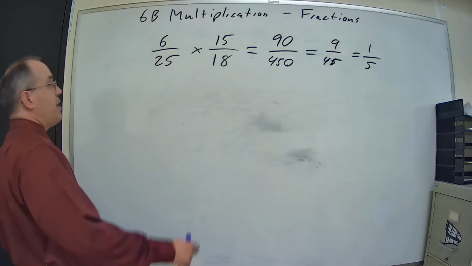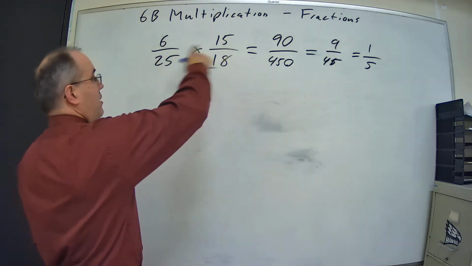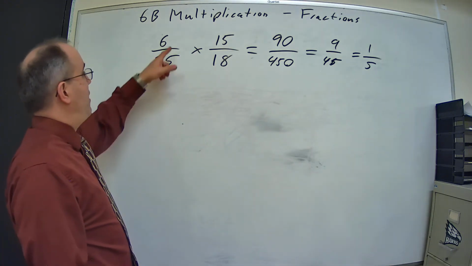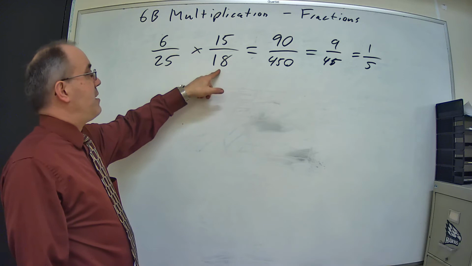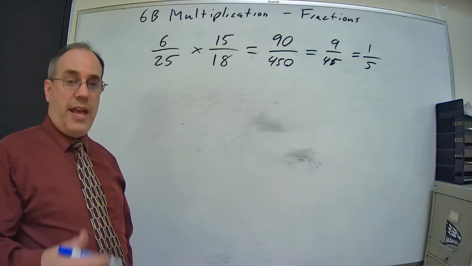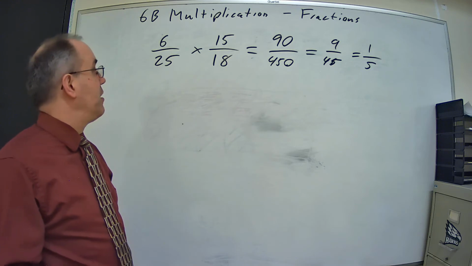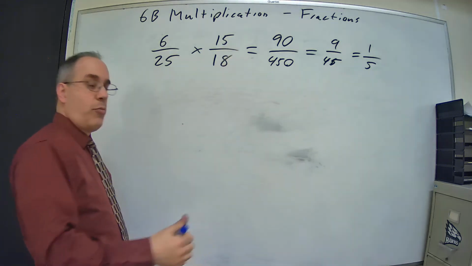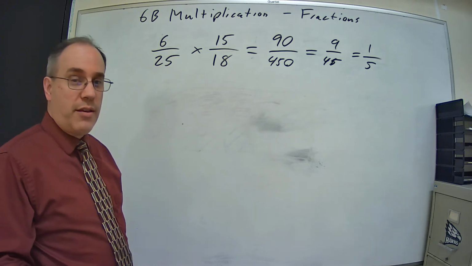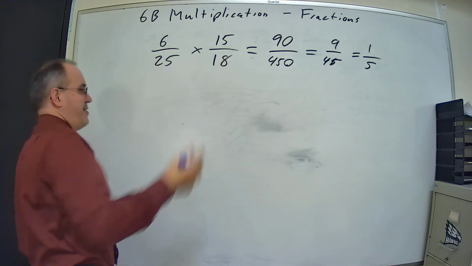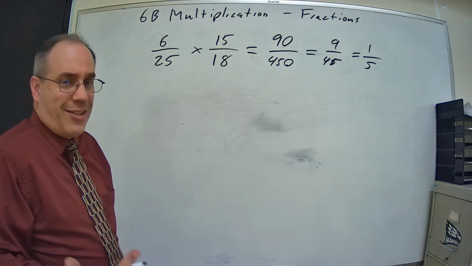Now, some of us may have noticed things going on here, like the fact that 15/18ths is able to be simplified, right? 15 and 18 are both divisible by 3. So what I could have had, 6/25ths, nothing I can do to simplify that.